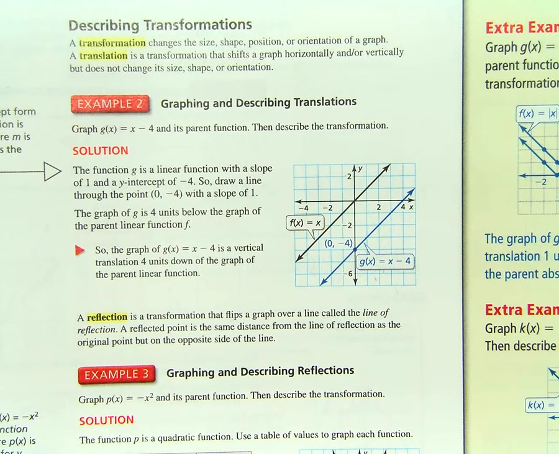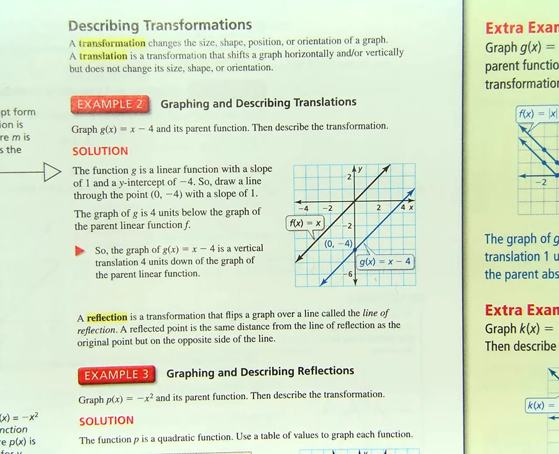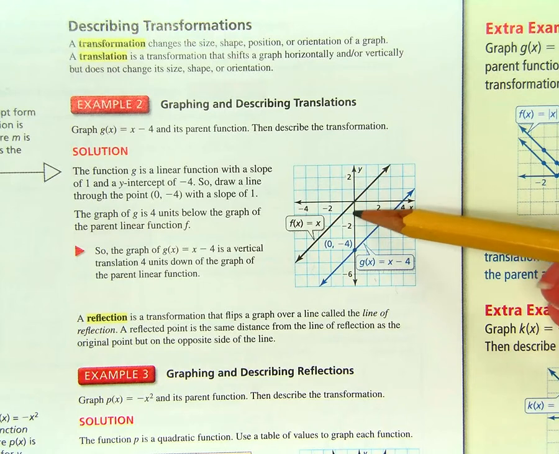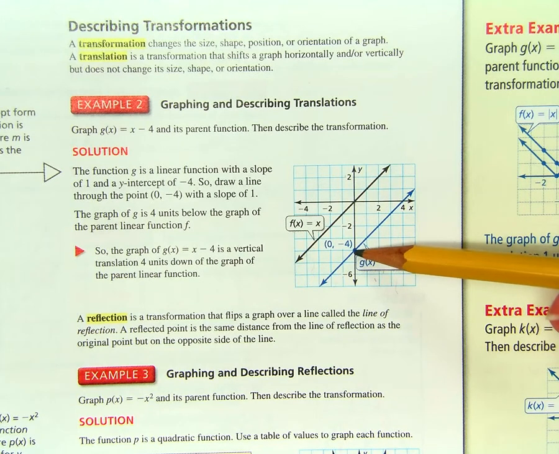It's lower is fine. It is lower. Now, hopefully we can look at our vocabulary sheet and tell we're probably not going to say it's lower. What are we going to say? We're going to say there was a vertical shift. And in this particular case, from our parent function to our new function, it was a vertical shift down.